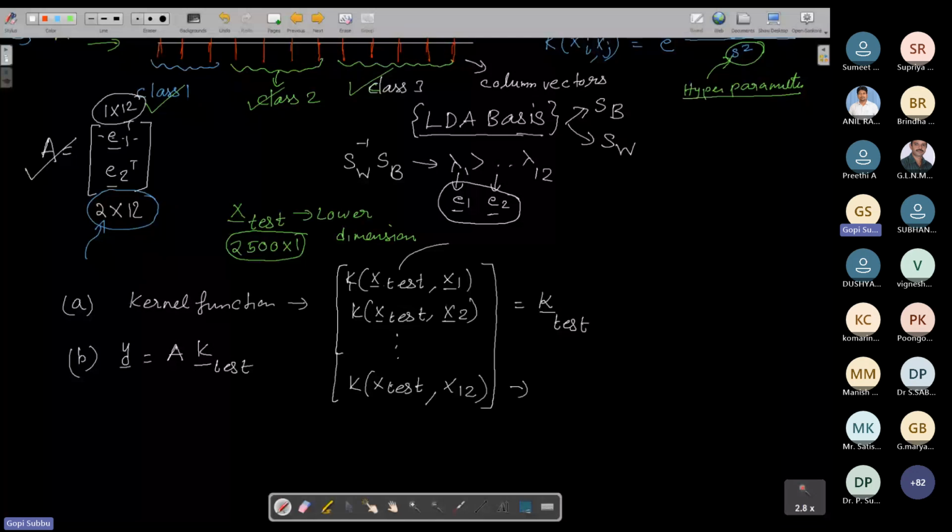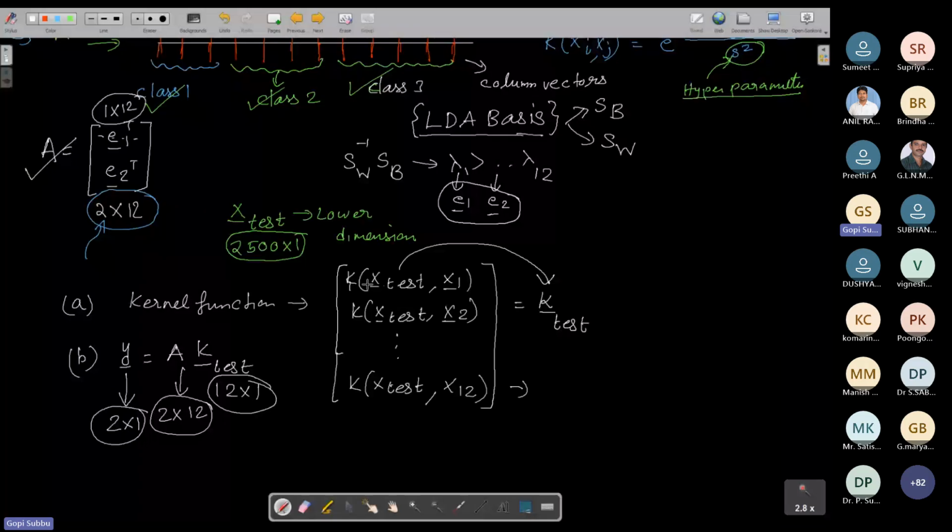We got this K test and then we do the projection. This is 12 cross 1 and this is 2 cross 12. So we got this projection to 2 cross 1. You understood, right? So by doing this, what we really achieve here is we are mapping the vector to the higher dimension and then bringing it back to the lower dimension.